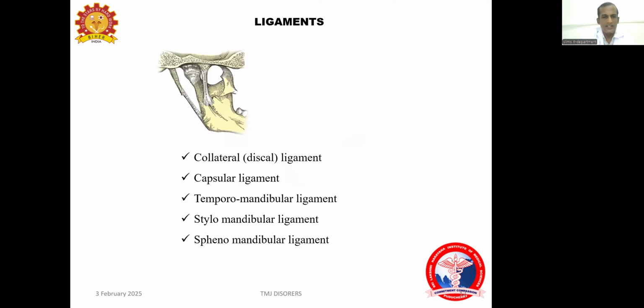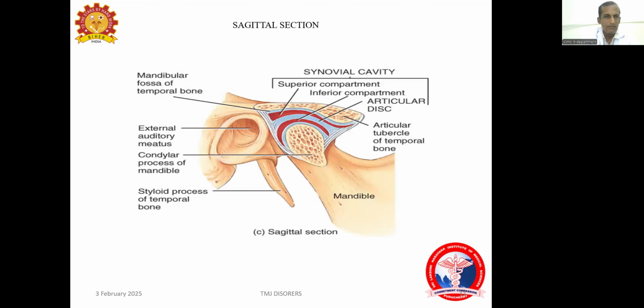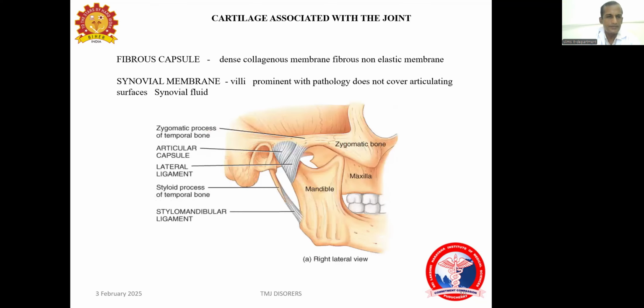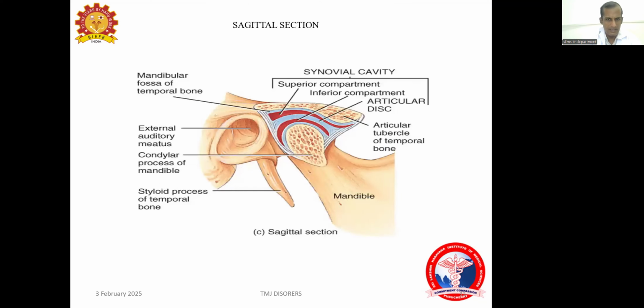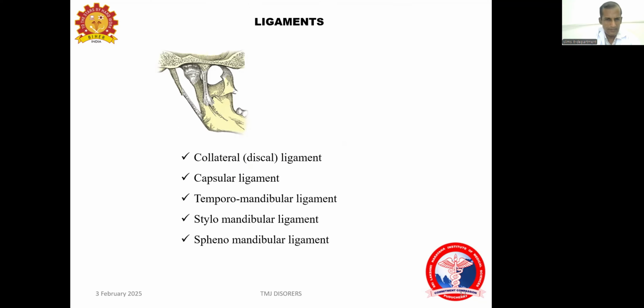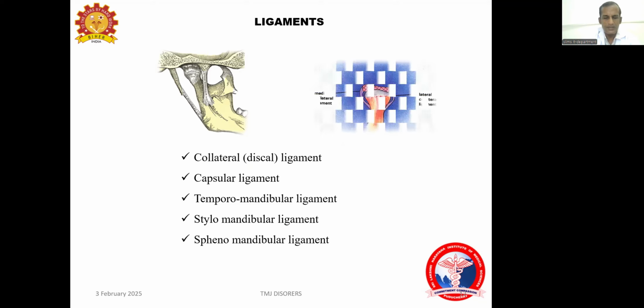Now the ligaments: the collateral ligament, the capsular ligament, the temporomandibular ligament, the stylomandibular ligament, and the sphenomandibular ligament. First, we saw the capsule part. Next is the ligaments.